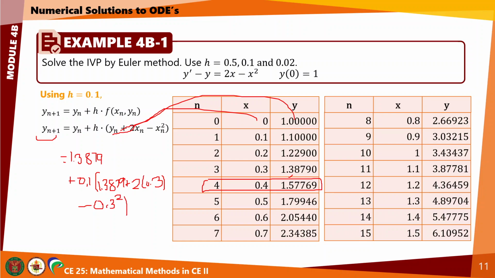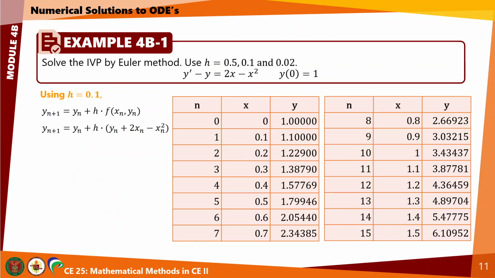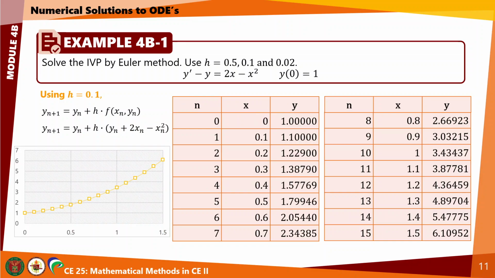So what you get here is dapat 1.5776, which is correct. Okay? So we simply substituted yung previous points dun sa equation natin to get the succeeding y values. Okay, yung mga x naman madali lang naman kunin. Okay, so repeat the process. You should get all these points, and upon graphing, you get these.